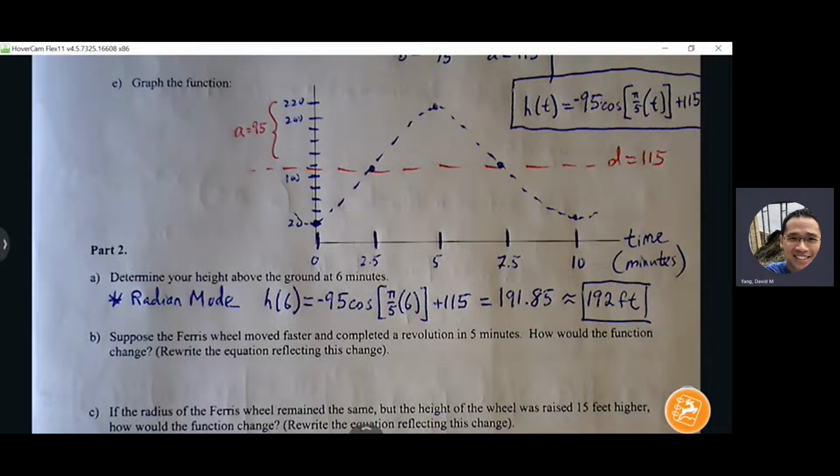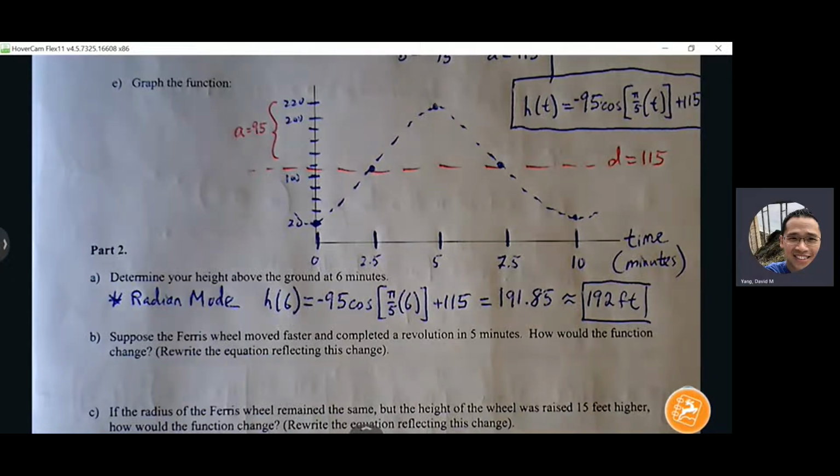But if I expect a certain decimal, I will always detail it on the quiz or test. I'll never expect you to know what decimal I'm looking for unless I specify. So here, it doesn't specify, I just decided to go to the nearest foot.